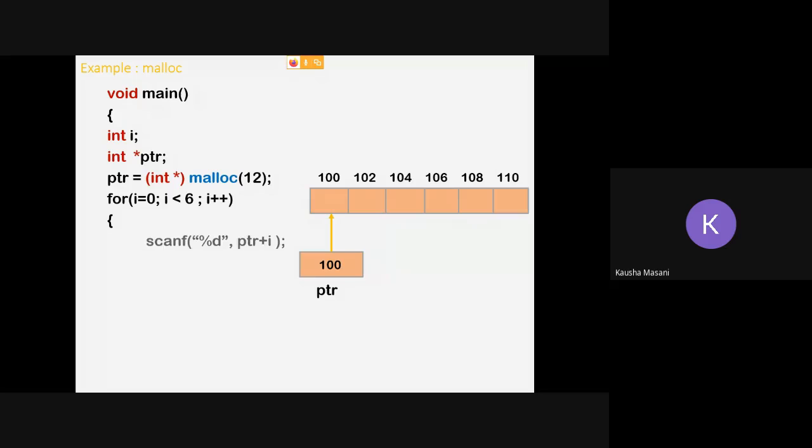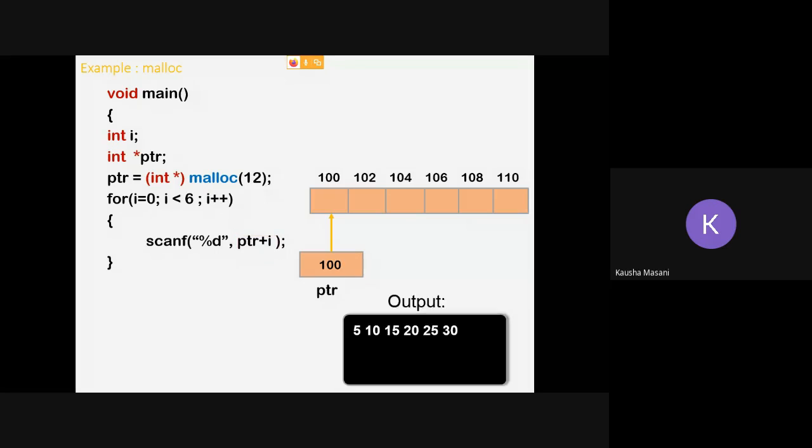We are not asking it from the user, or say we are not processing the size given by the user. We as a programmer are directly writing the size, that is 12. So the next part is about taking the size from the user, and how we are going to process that size in malloc.